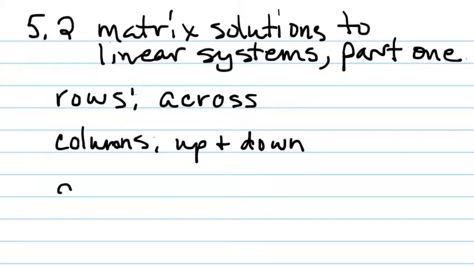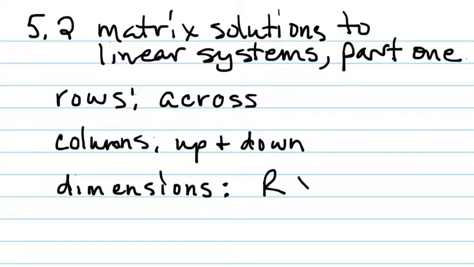All right. Also, remember that the rows and columns give you the dimensions of the matrix. It's rows and then columns. And the dimensions of a matrix change a little bit about the way you solve it. Not much, it just means you have fewer steps or more steps depending on how big the matrix is going to be.